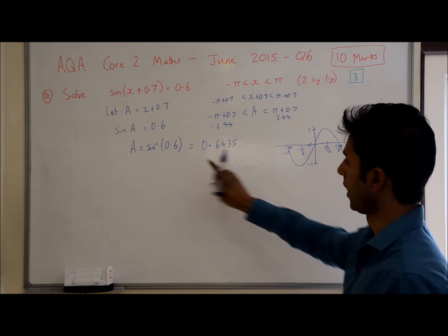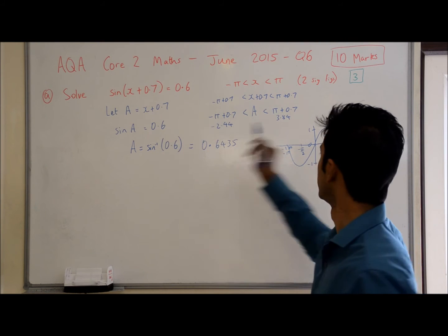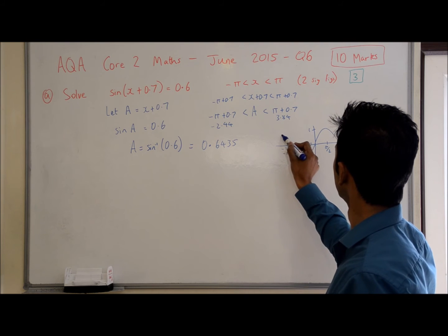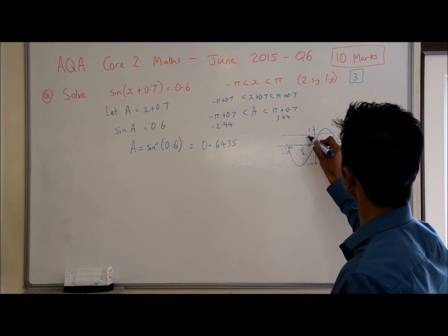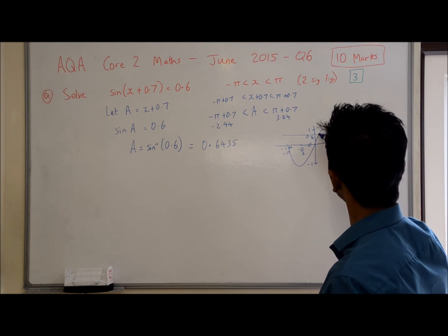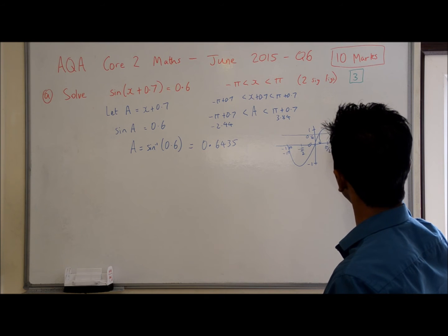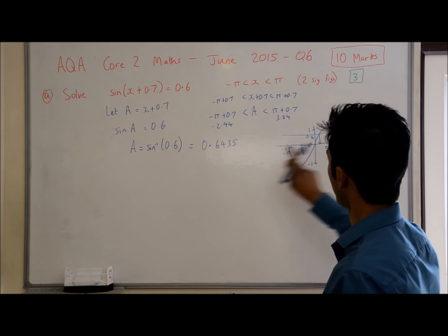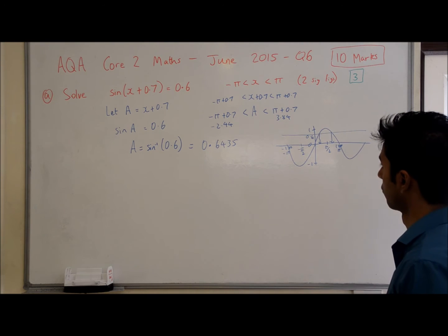We want to know when sine A is equal to 0.6. If I draw a line across at 0.6, you can see clearly that it crosses in 2 places, there and there. One of these 2 arrows is 0.6435.